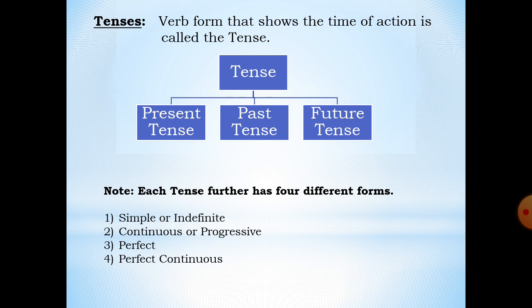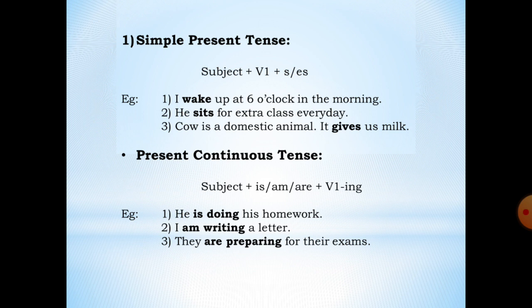Second, continuous or progressive. Third, perfect. And fourth, perfect continuous. These four forms are there in each tense, and all these four forms are having different uses. So we are going to study in detail.